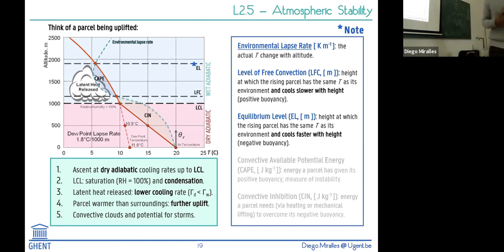Okay, so the point in which the parcel is at the same temperature as the environment, we call it the level of free convection, because from that point onwards, you have free convection. You have that parcel of air being shot up at super high speed, forming a massive cloud, until the point in which they cross again, which is what we call the equilibrium level, which is usually where you see the cloud top.